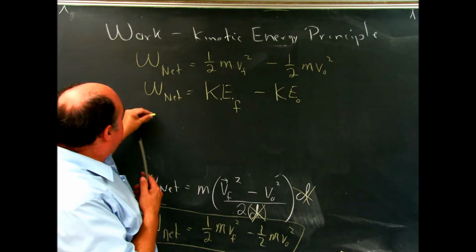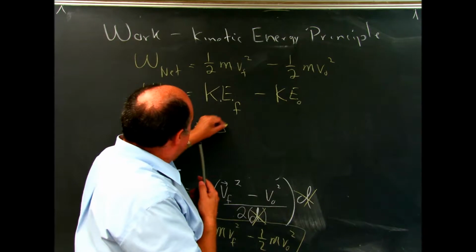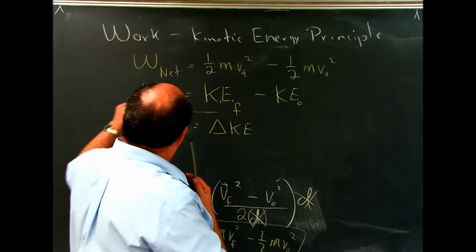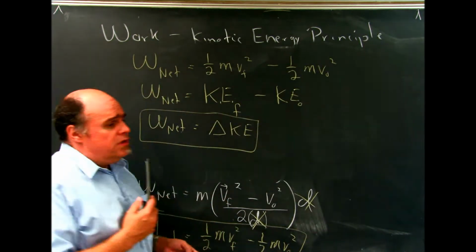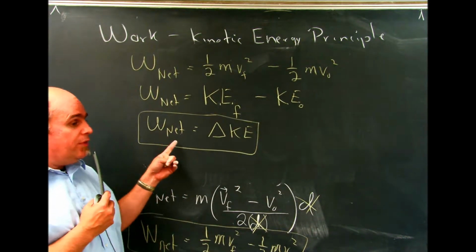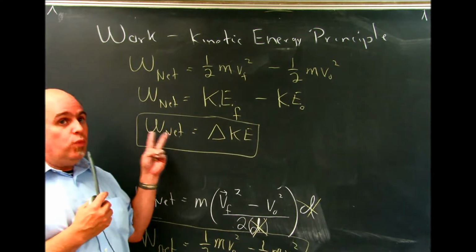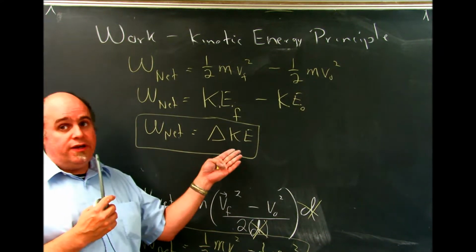So the final step would be net work equals the change in the kinetic energy. So from all that, we come up with something like this, where the net work is equal to the change in the kinetic energy.